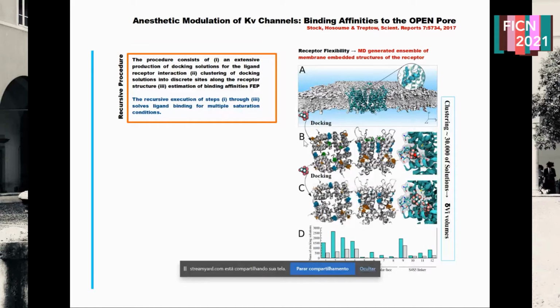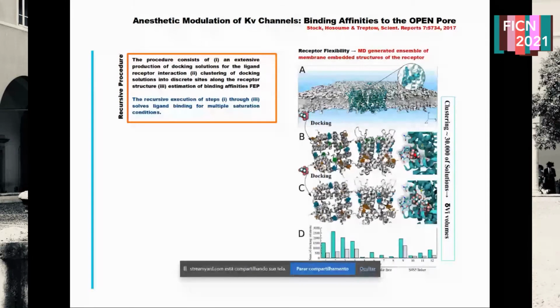Then SEVO was docked against that flexible ensemble to solve interactions of the ligand at the S4-S5 linker, at the S5-S6 interface, and at the external face of the channel near the selectivity filter.